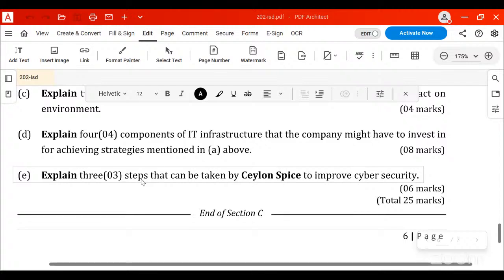We can use those technologies in order to automate this particular operation, right? In the particular case study, since they are asking for a possible IT strategy, you can show only one.